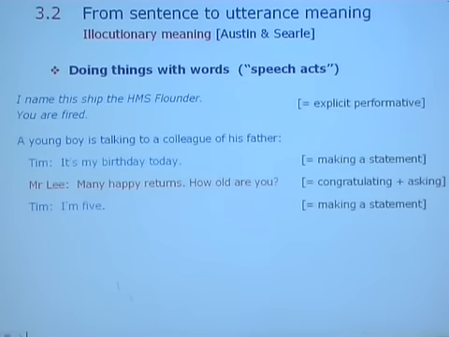And this colleague, Mr. Lee, says, "Many happy returns. How old are you?" Tim says, "I'm 5."